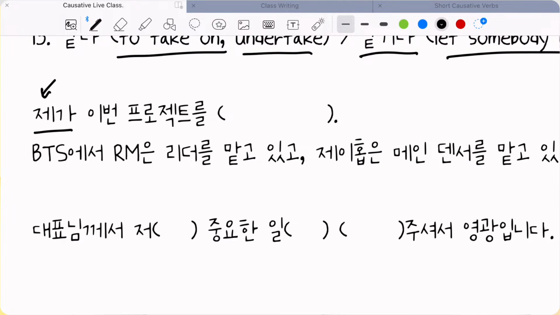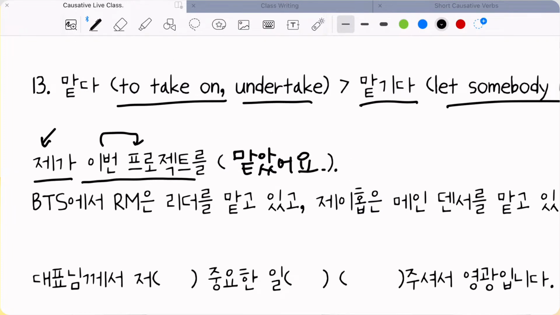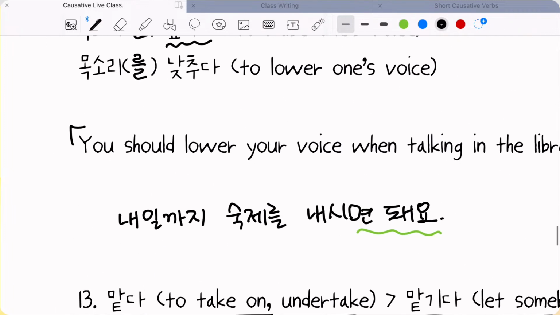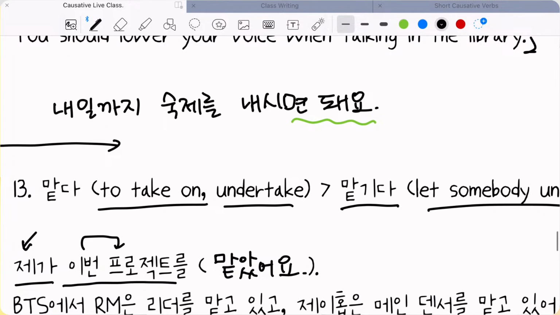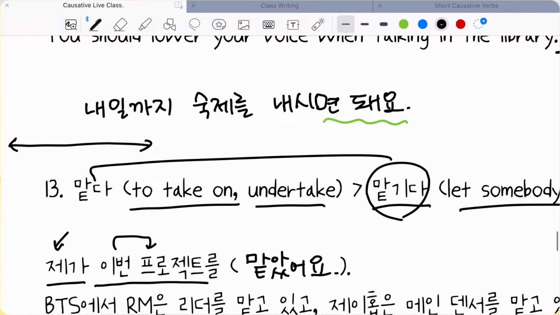So if you say 제가 이번 프로젝트, this project를 맡았어요, then it means you are in charge of that project. I took on that project. I undertook that project. So 제가 이번 프로젝트를 맡았어요. And from this point on, guys, these are the causative verbs that stem from the transitive verbs, right?